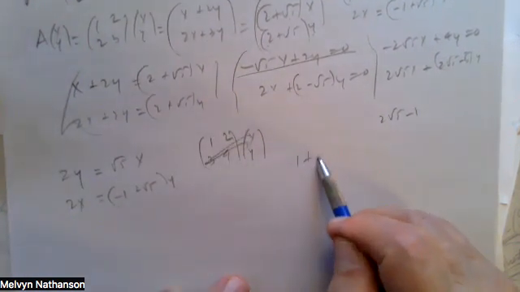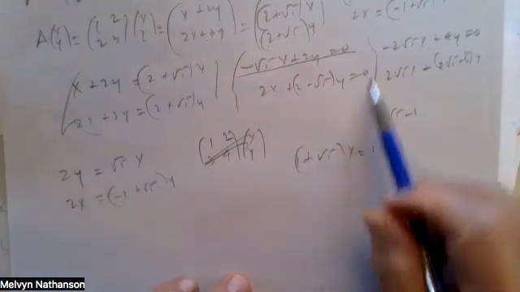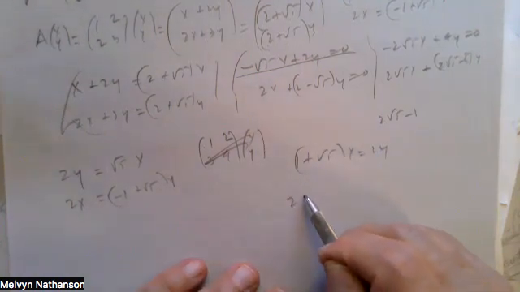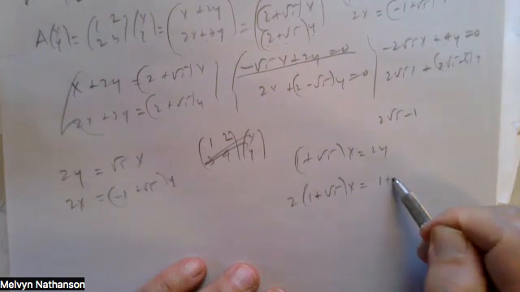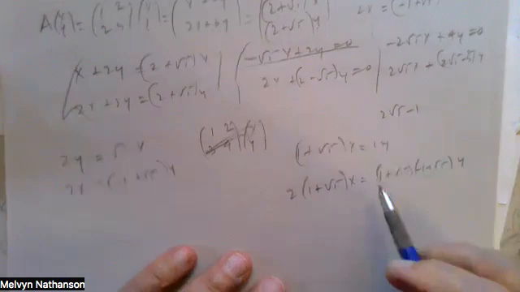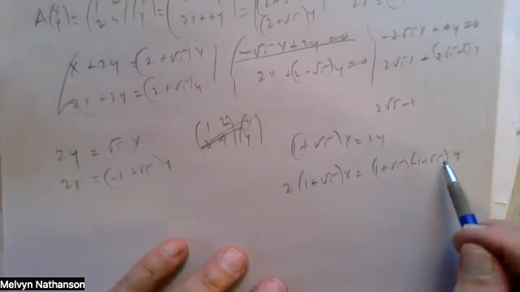I have 1 plus root 5x equal 2y. I take the second equation and I multiply it by 1 plus root 5x. This is equal to minus 1. This is equal to 5.